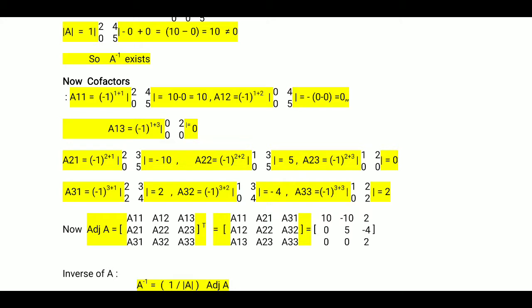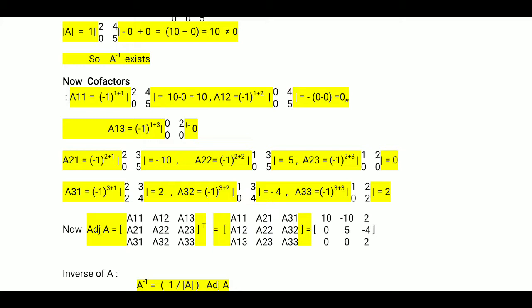And again A22, that is minus 1 power 2 plus 2, leaving the second row and second column we get a small determinant and cross multiplying we get the value 5, and 1 into 5 is 5. And A23 is minus 1 power 2 plus 3, a small determinant obtained by leaving the second row and third column, having elements 1 2 0 0, and if we cross multiply we get the value 0.